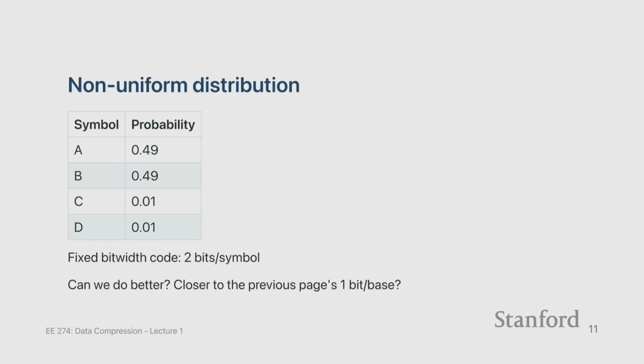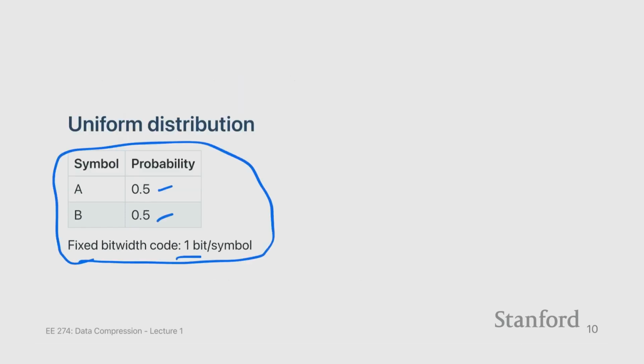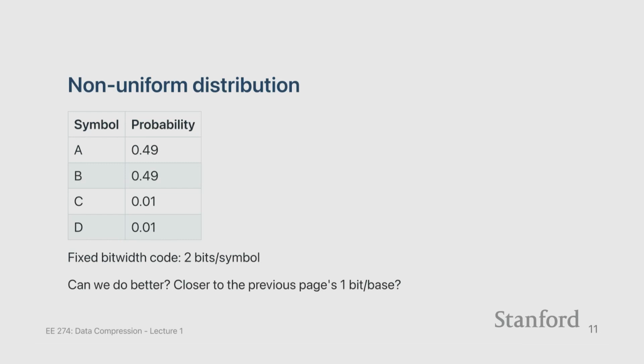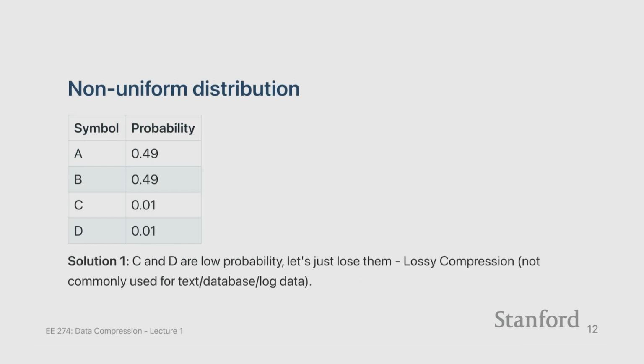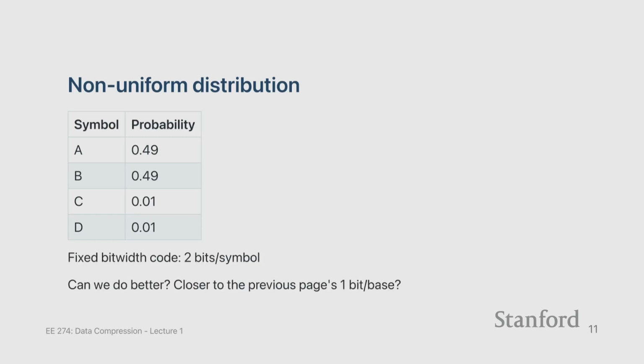But now suddenly you see that if you use your fixed bit width code, you start to use 2 bits per symbol. You already should start seeing some inefficiency, right? Clearly this is not the best thing you should be able to do. This is so close to the previous one. We want to be able to use basically 1 bit per symbol. Okay. Any questions so far?